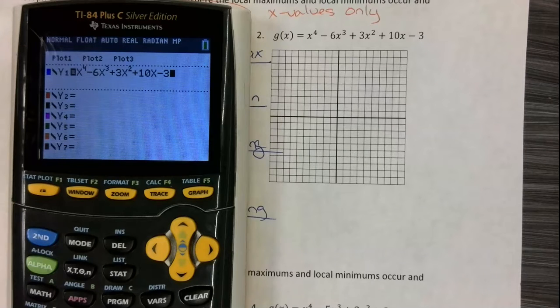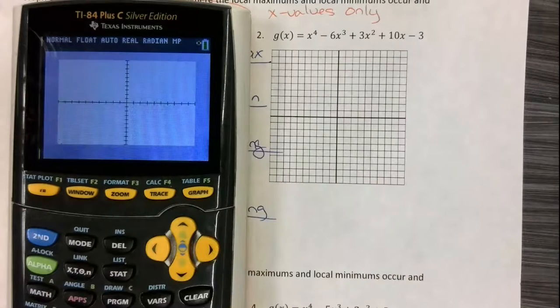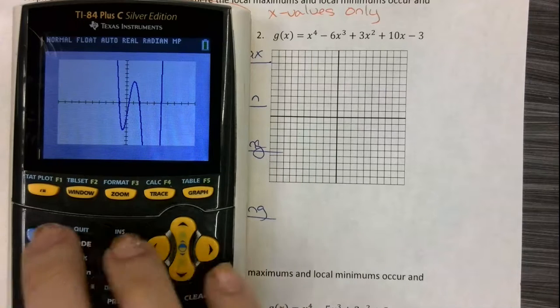Okay, so if I go and graph this, it should have 3 turns. Three turns, 4 lines. Okay, so then I'm going to go to my table of values.